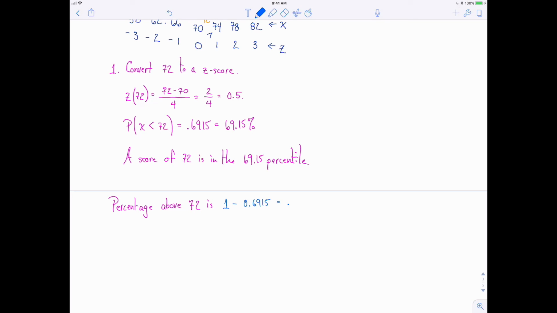So I'm going to grab a calculator. I have one handy. So 1 minus 0.6915 is 0.3085, or you could say that 30.85% is above.